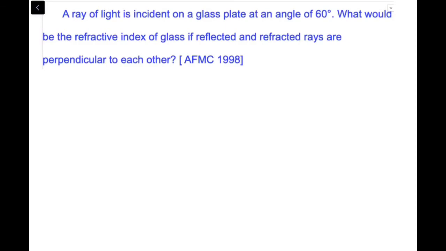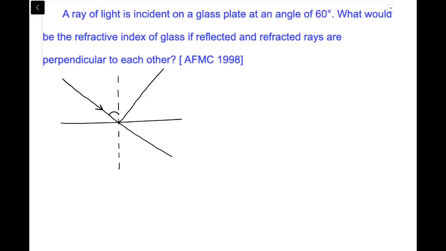So for that you should know what Brewster's law is. What is Brewster's law? You take a medium and imagine a light ray is hitting that medium, making an angle of incidence I, and some part of the light ray is getting reflected, and some part of the light ray is getting refracted also.